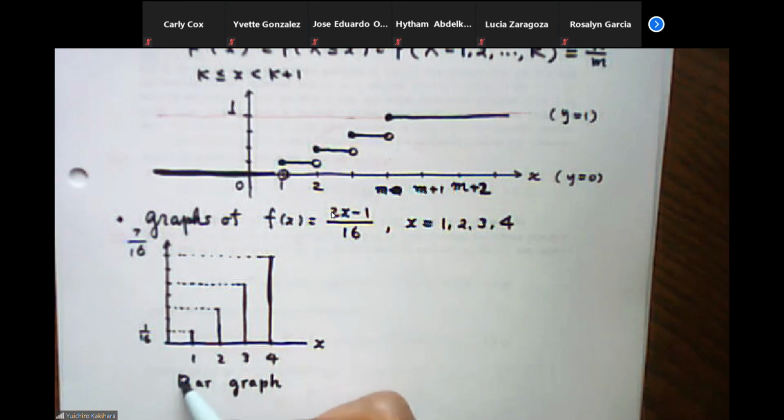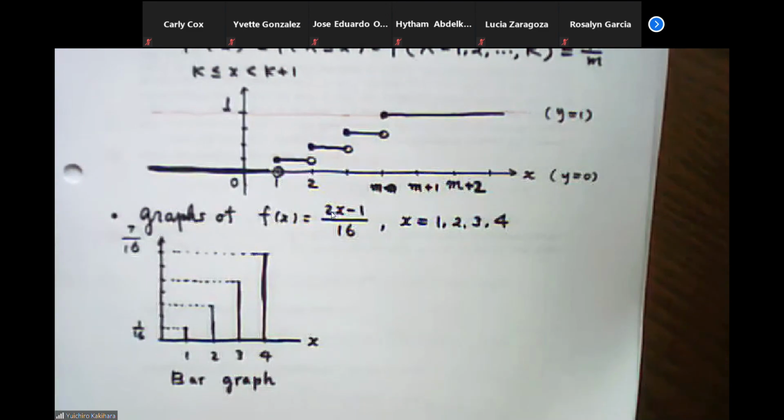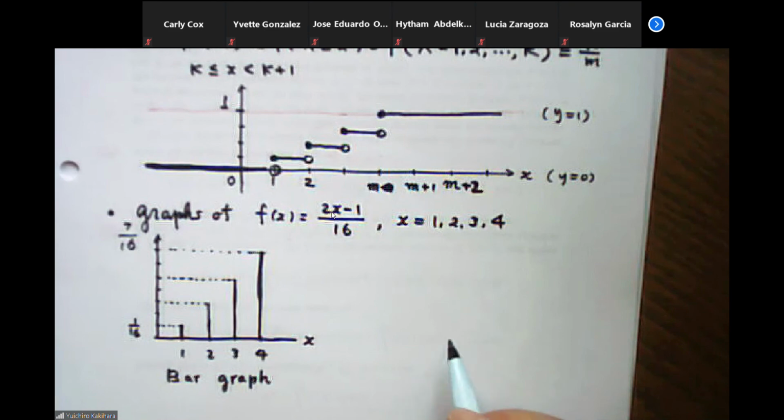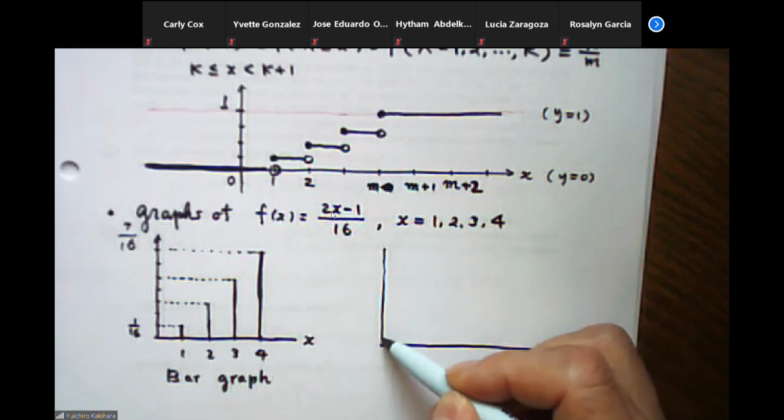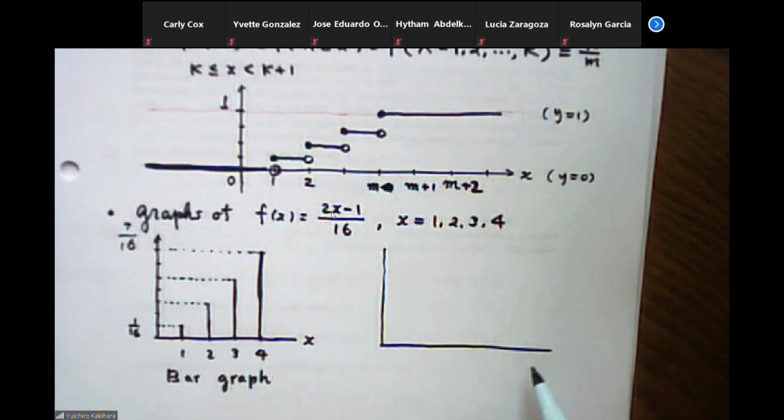Next one is the probability histogram. Essentially the same as the bar graph. The thing is, the bars are connected next to each other. And then we have x, and 1, 2, 3, 4, same as before. And then we have a kind of rectangle.